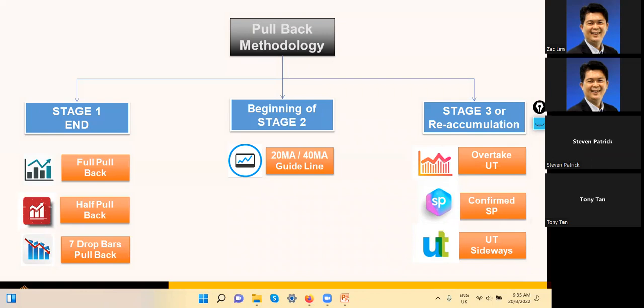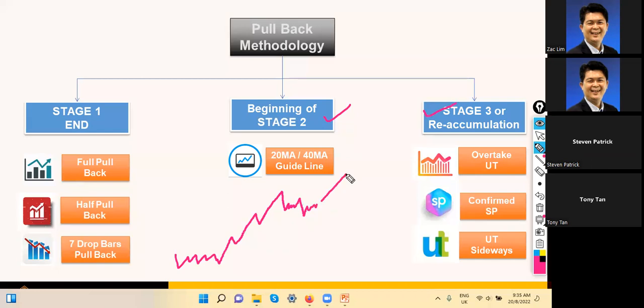Okay, so after we have a stage 2, then we will go into a stage 3 reaccumulation. Okay, when you have a reaccumulation, that means the entire process is from accumulation, markup, then comes a time they will come down and sideways and drop here, whether you will go up again or come down, the end of the entire structure.